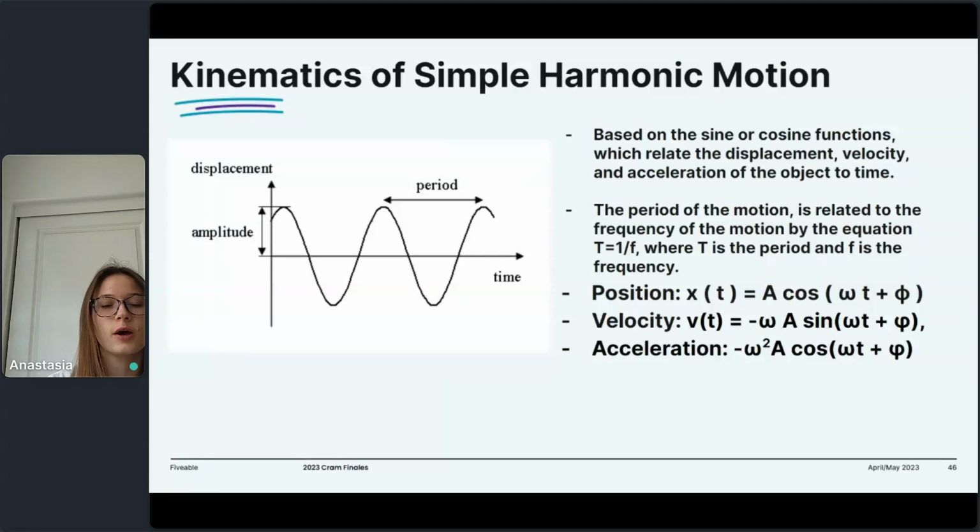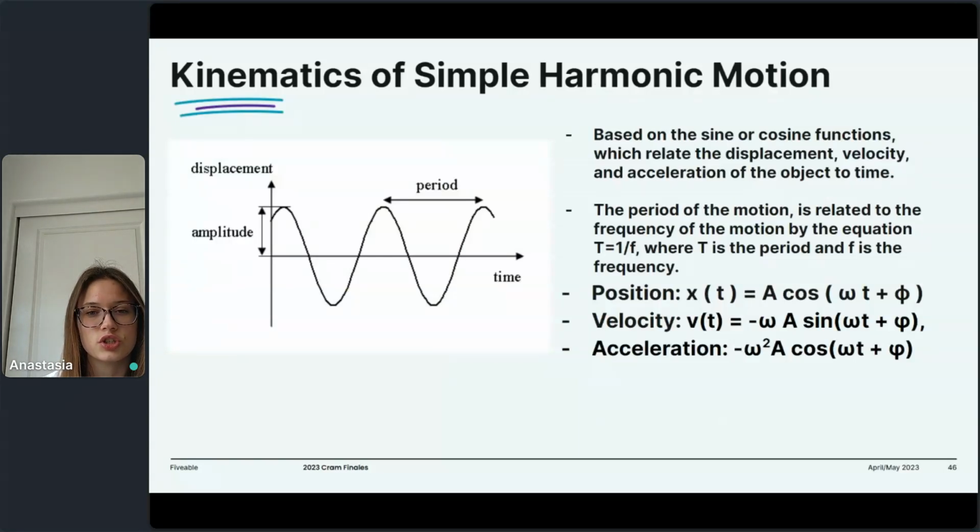This is a really big, important equation to remember: T equals 1 over f, or the reciprocal of it, f equals 1 over T. So the period of the motion is related to the frequency of the motion by T equals 1 over f, where T is the period and f is the frequency, which is measured in hertz.